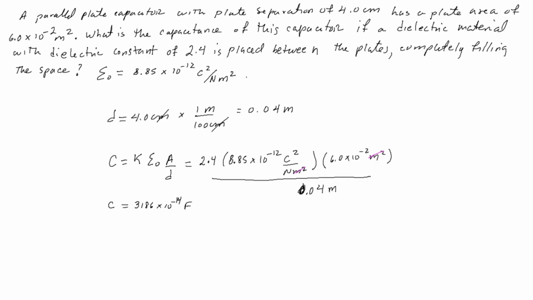Then I will move the decimal point 2 places to the left to get 10 to the negative 12, because like that I get pico.